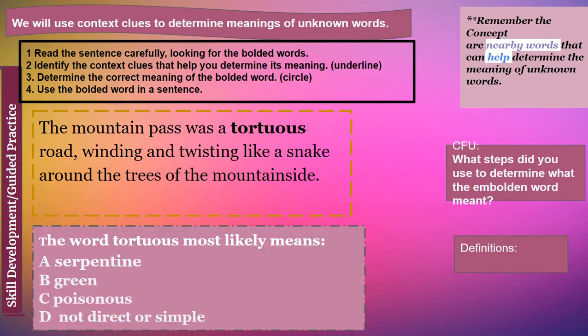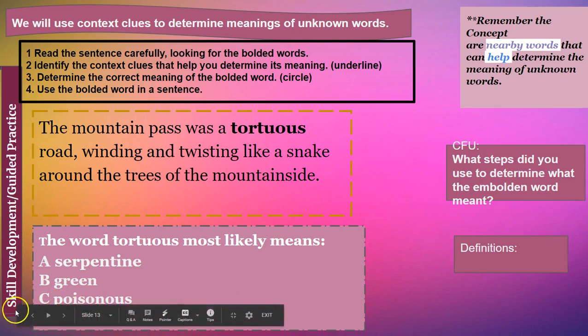So let's do an example, okay? So again, we know that context clues can be examples. I'm sorry, not examples. It can define or it can restate. Okay? So I want you guys to take a minute and pause the video and read over this example, okay?